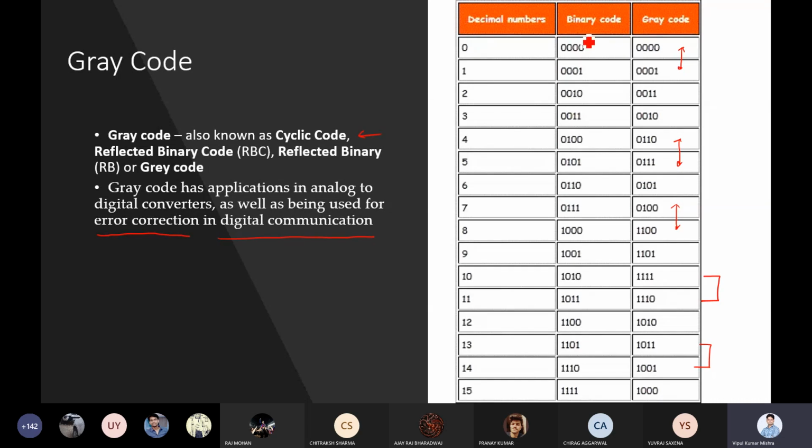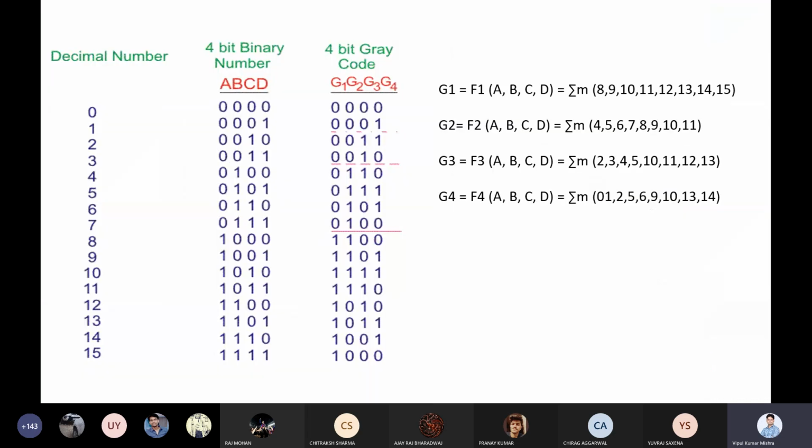So here you have binary code, here you have gray code. Now I want to make a circuit that can convert this binary code to gray code, because ultimately if binary is coming, you should have some circuit that can convert it into gray code. This is the task for us. I want to make a circuit so that the input will be the binary code and the output will be the gray code, right?